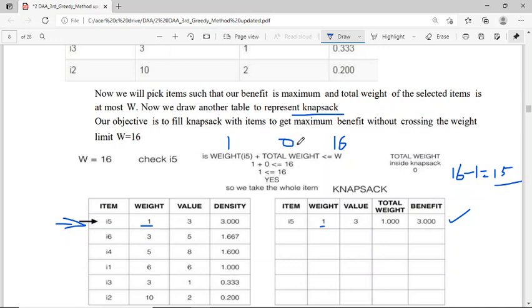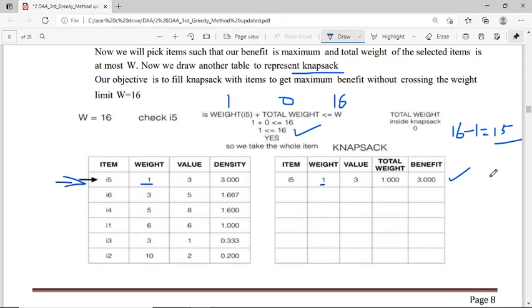So 1 less than or equal to 16 is correct, and we add that in the other box. 16 minus 1 is equal to 15. When we added 1 in the weight, the remaining is 15.